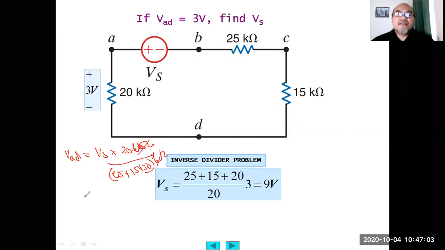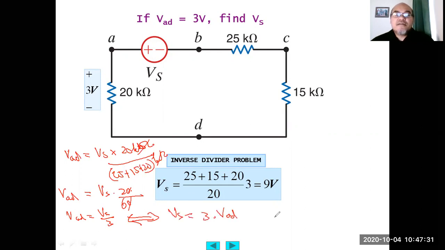So VAD equals Vs multiplied by 20 divided by how much? 40 plus 20 is 60. So basically 1/3. VAD equals Vs divided by 3. From here, Vs equals 3 times VAD, so 3 times 3 volt equals 9 volt.